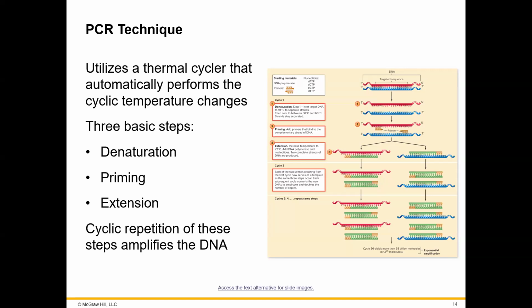Then the last step is extension, which is just adding on the nucleotides. That is literally all PCR is. So not too bad. This is what you would end up with, basically semi-conservative replication again, even easier. So this is 1 round of PCR.